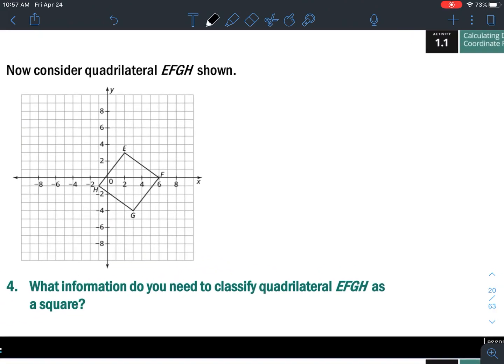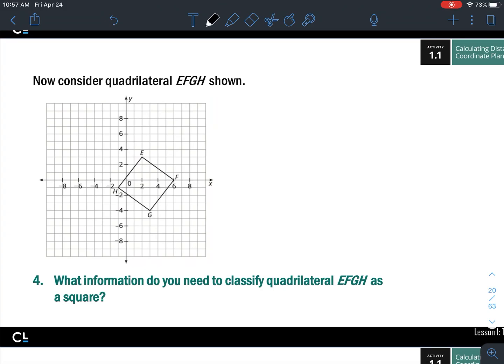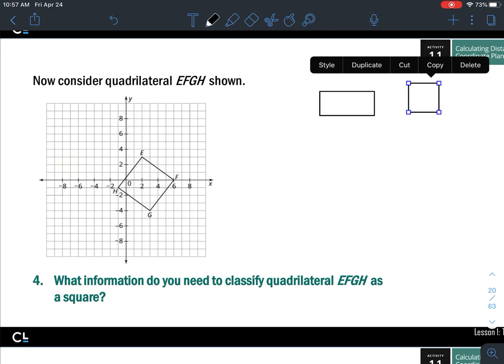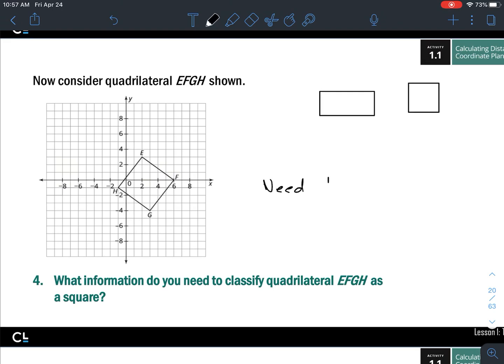So we need to know in order to tell if this is a square, obviously a square is different than a rectangle. Rectangle, one side's going to be longer than the other, whereas square is they are perfectly the same on each side. Okay, so I'm going to write right up here, need to know if all side lengths are congruent.